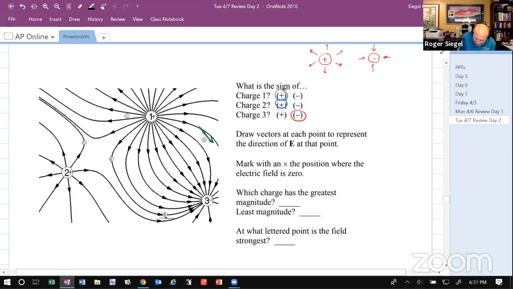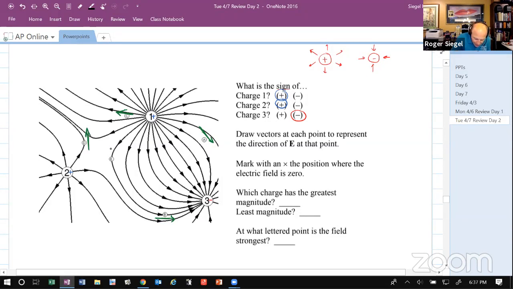Again, the electric field is parallel to the field lines. At point C, that would be here. I'm not going to draw it right over the C because I won't be able to see the letter, but there's a field line there near the C. And then D is in this direction. There's D.